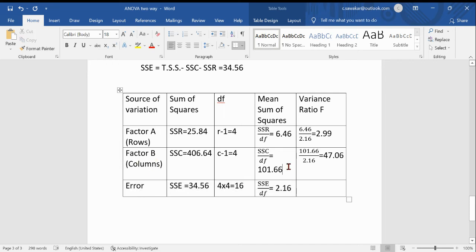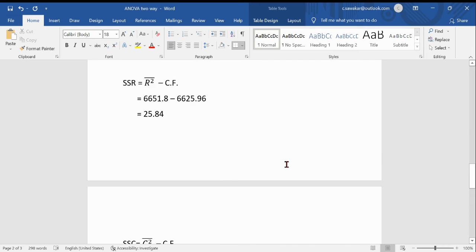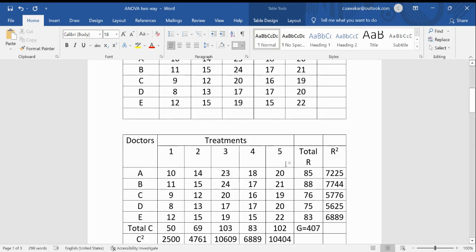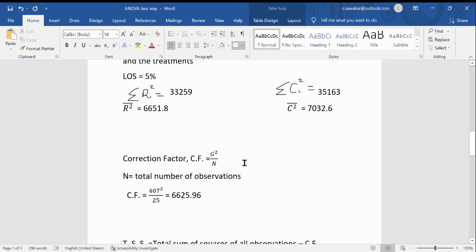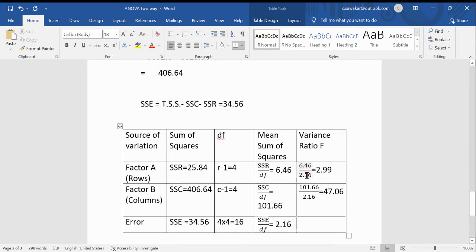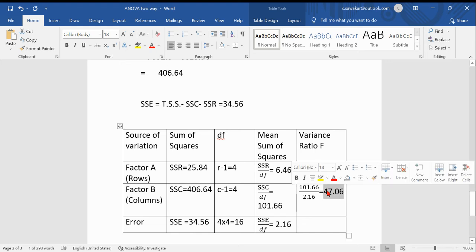That is the reason this two-way ANOVA can be converted into a one-way ANOVA and can be solved. This 2.99 is the calculated F value for factor A, that is the doctors, and this 47.06 is the calculated F value for the treatments, that is across the columns.